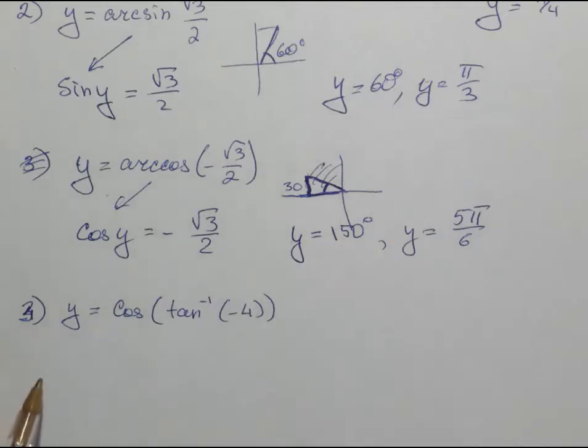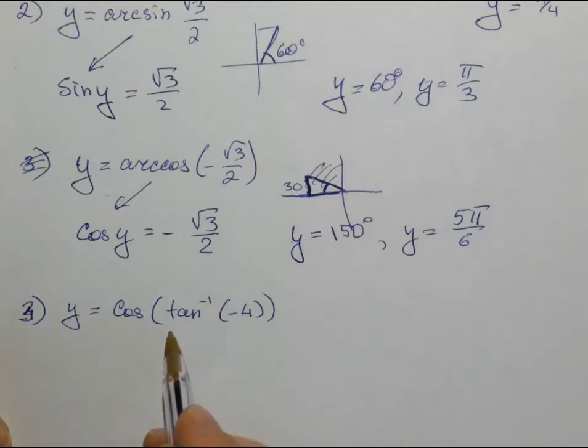In the first examples, we deal with special angles, or 30-60 triangle, or 45-45 triangle, or quadrantal angle. In the next problem, it is not a special angle anymore. Y equals cosine of tan inverse of -4.